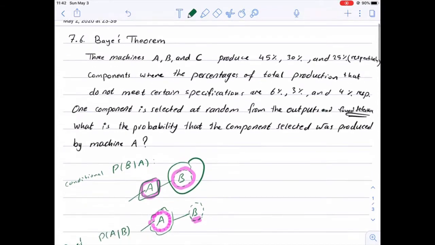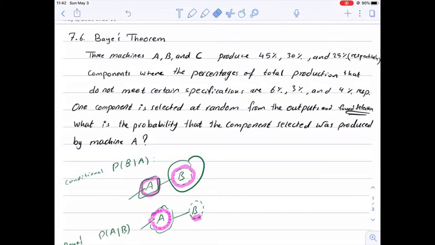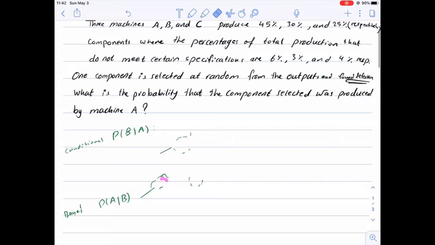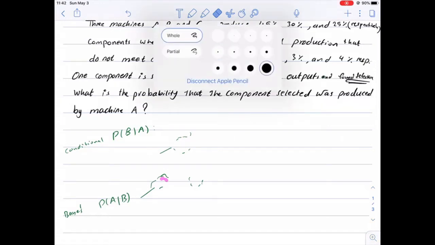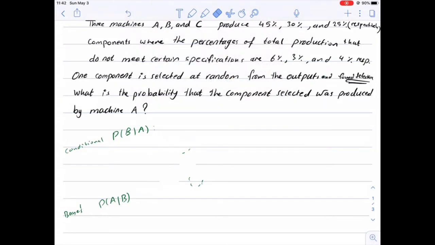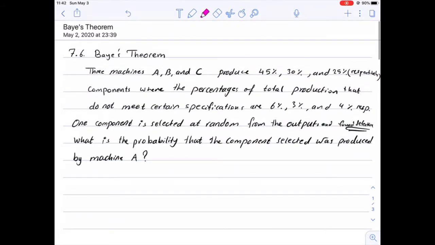Let's start with the following introductory example. In this example, we are given three machines, A, B, and C, and they produce 45%, 30%, and 25% respectively of the total production.